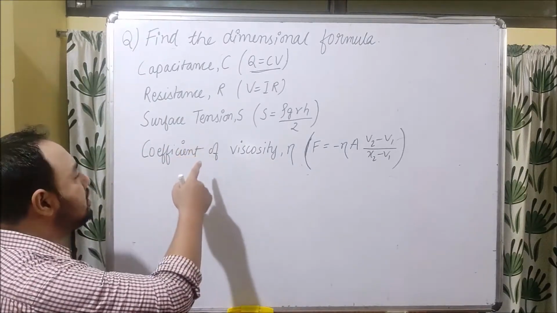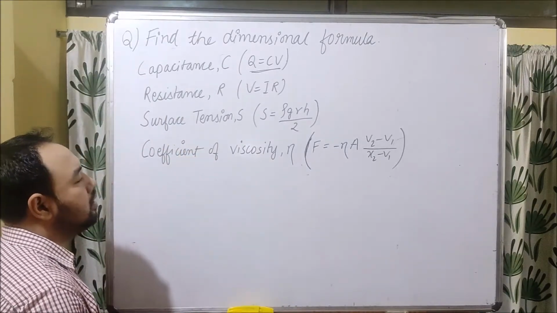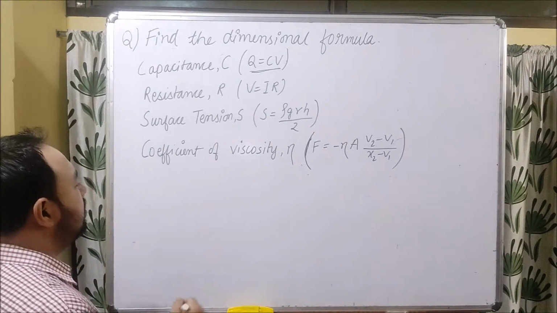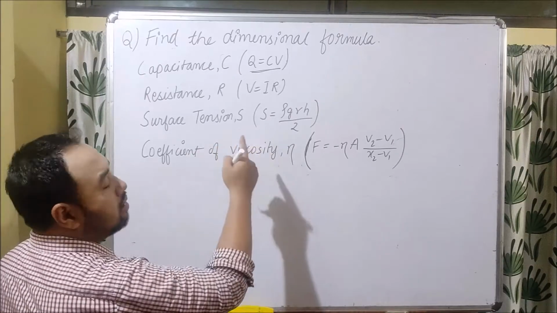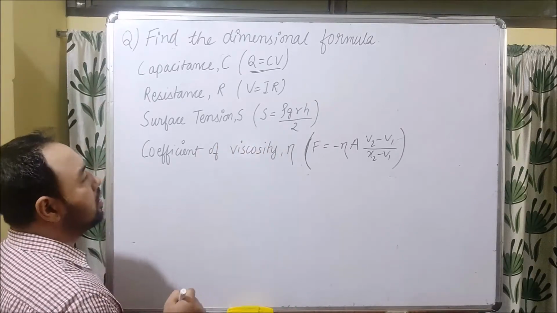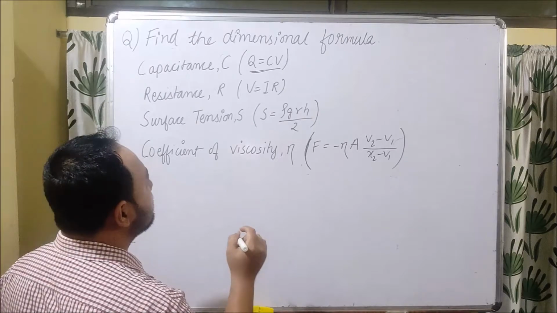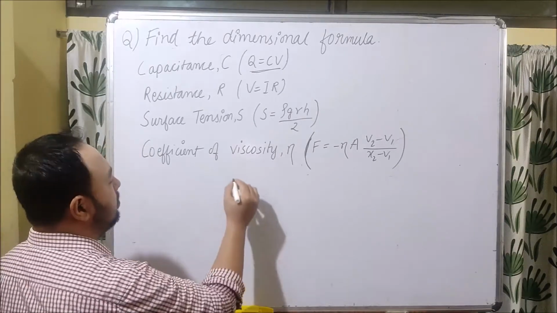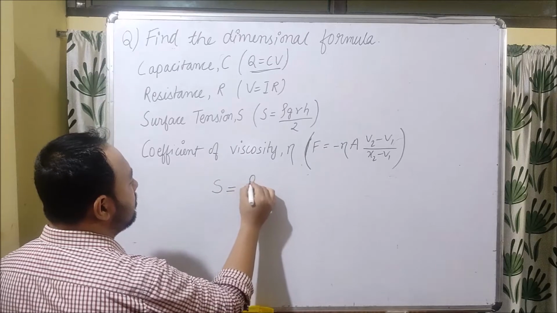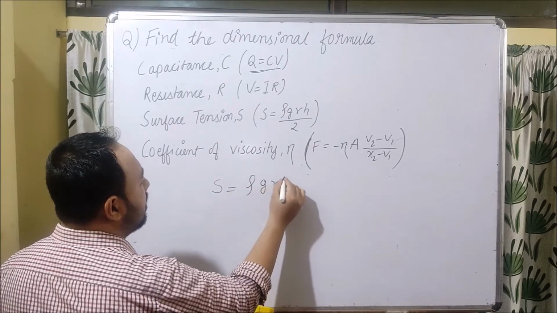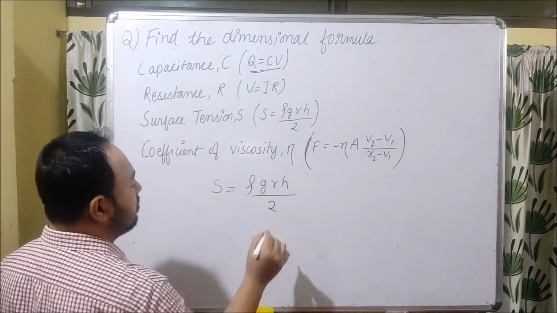So this surface tension, coefficient of viscosity, you will get it later on in your mechanics chapter. For the timing we will only find out the dimensional formula. For surface tension it is given that S is equal to rho G R H by 2.